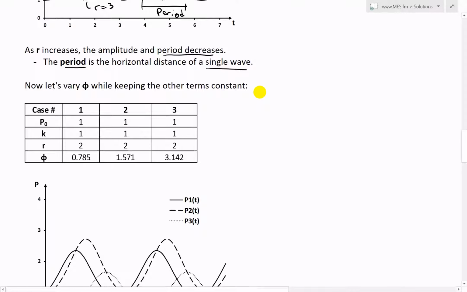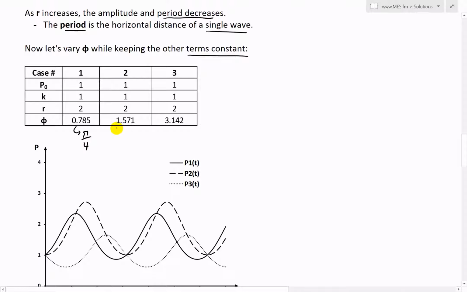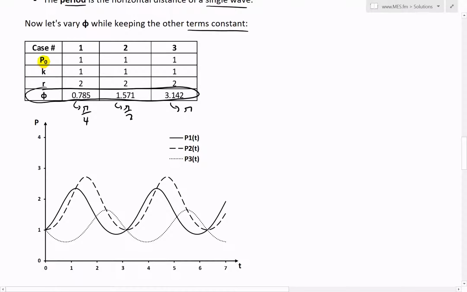Okay, and now the last part was, let's vary phi while keeping the other terms constant. So here I went from pi over 4, to pi over 2, and this one I went to pi. These ones are kept constant. The 1 is the initial population, K is 1, and R is 2.